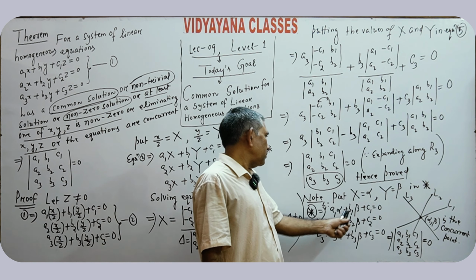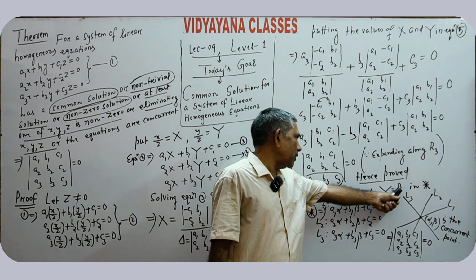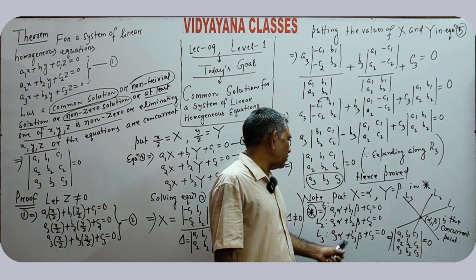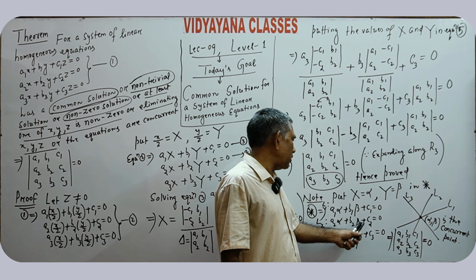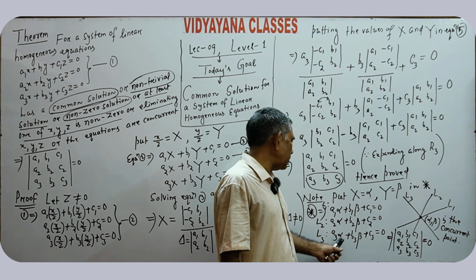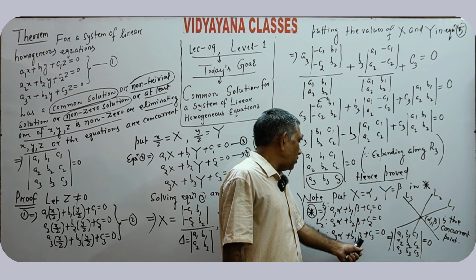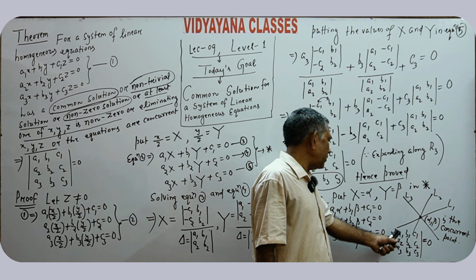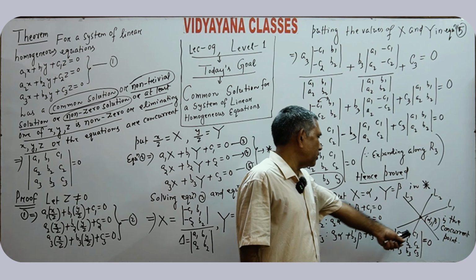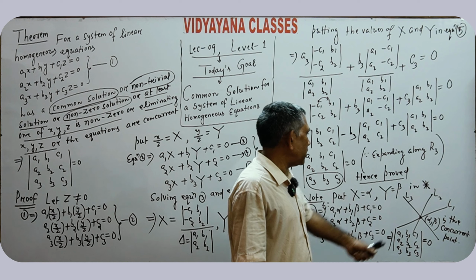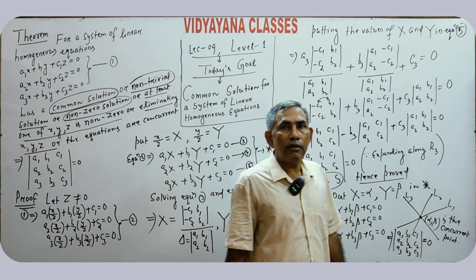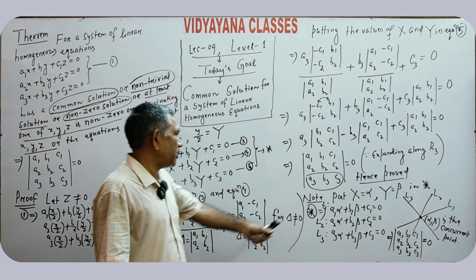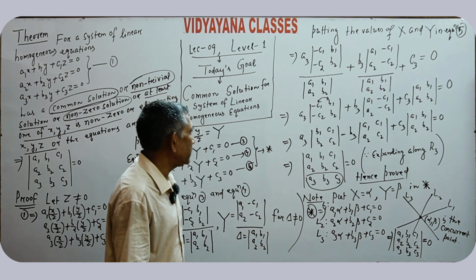We can take alpha as x and beta as y: A1x plus B1y plus C1 equal to 0, A2x plus B2y plus C2 equal to 0, A3x plus B3y plus C3 is equal to 0. That implies that when the three lines are concurrent, the determinant of the constant terms is equal to 0.